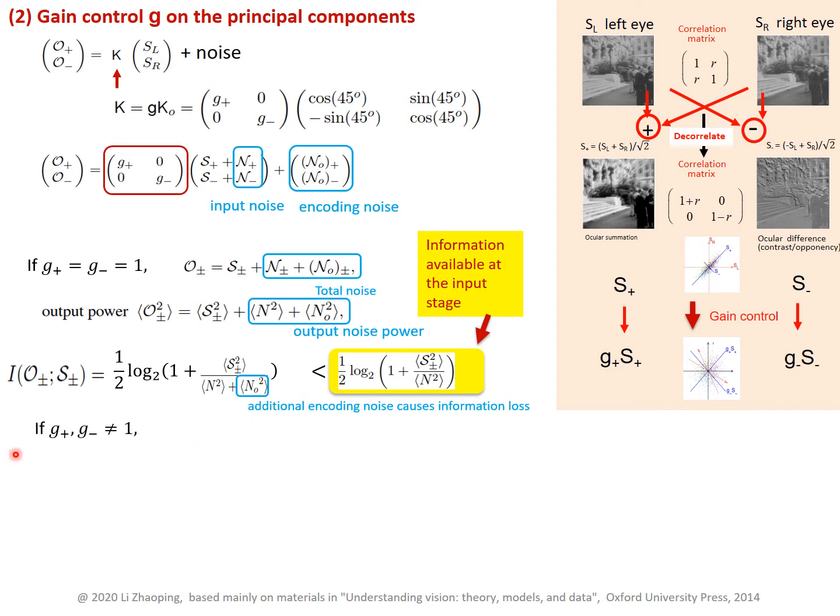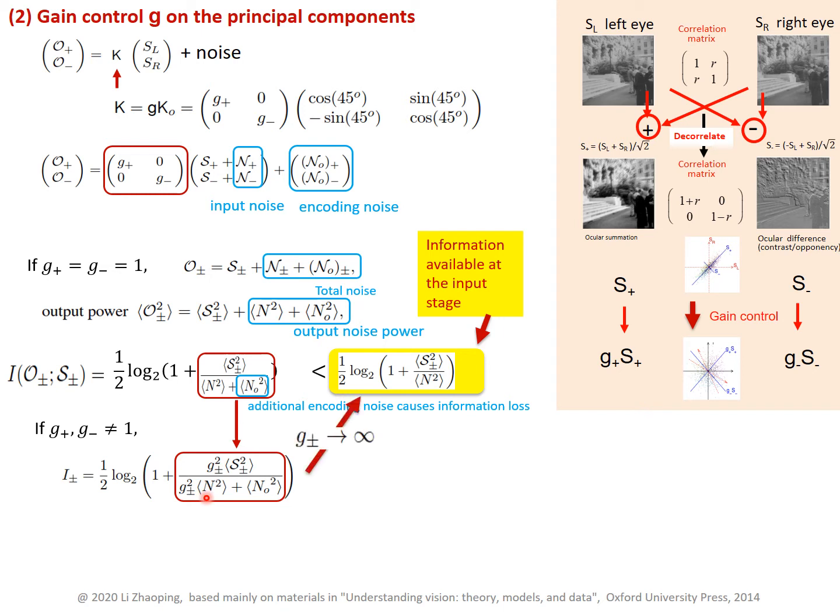And of course, when you have the gain control, then the signal to noise changes both by the gain to the signal and the gain to the input noise. When the gains are so big, the encoding noise can be almost negligible. Then you can extract almost as much information as what's available at the input.